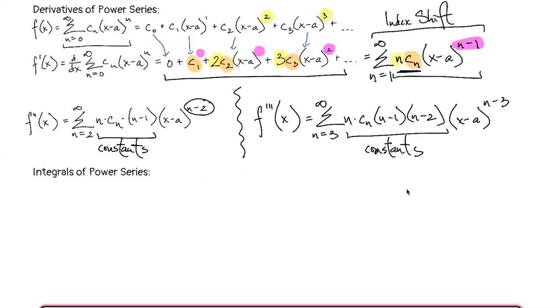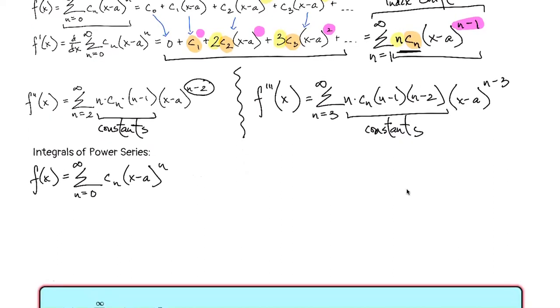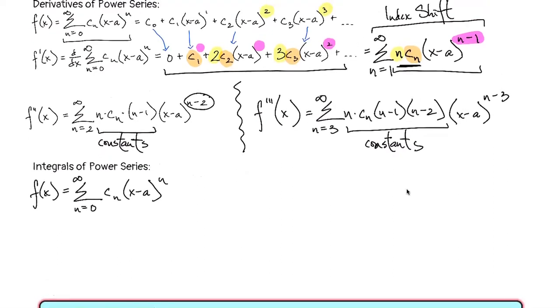All right, so integrals of power series. Let's say now I have my f of x, so let me write that out like I did last time, okay? And we know we started with the sum from n equals 0 to infinity of c sub n times x minus a to the n, right? So that was our power series.